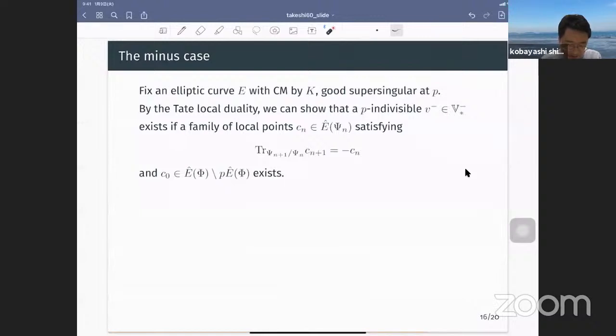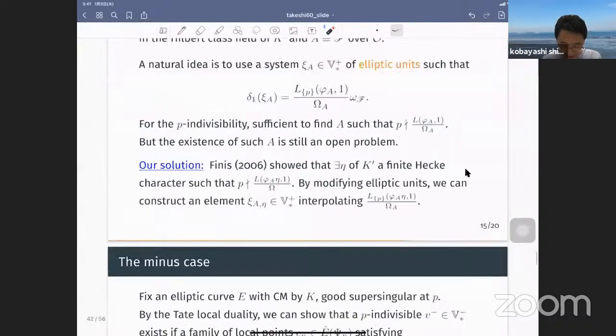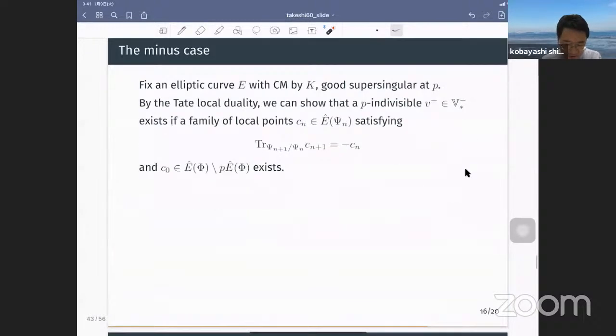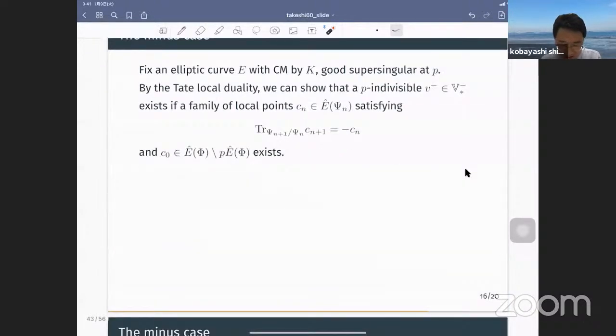The minus case: fix an elliptic curve E. Different from before, we vary A, and the formal group is fixed. First we fix the isomorphism E and vary A. The situation is similar. We fix an elliptic curve E, CM by K as before.